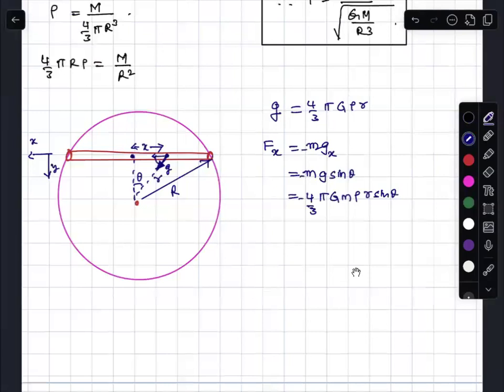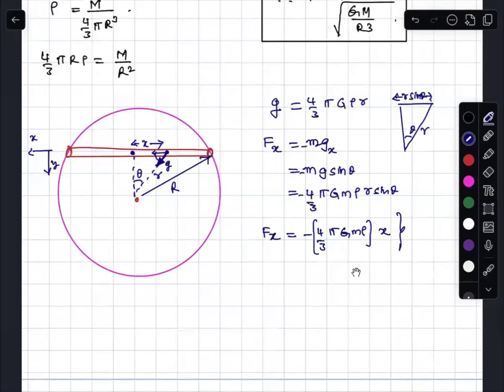So therefore, F_x is finally minus 4 by 3 pi G m rho. Can someone explain what is r sin theta? x. From the triangle, you can see that if this is r, and this is theta, this is r sin theta, which you will call x. The force is directly proportional to displacement.